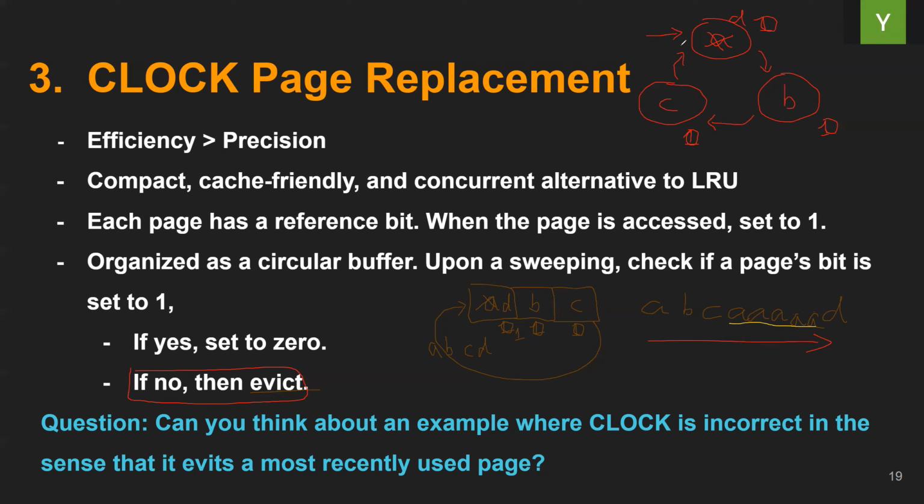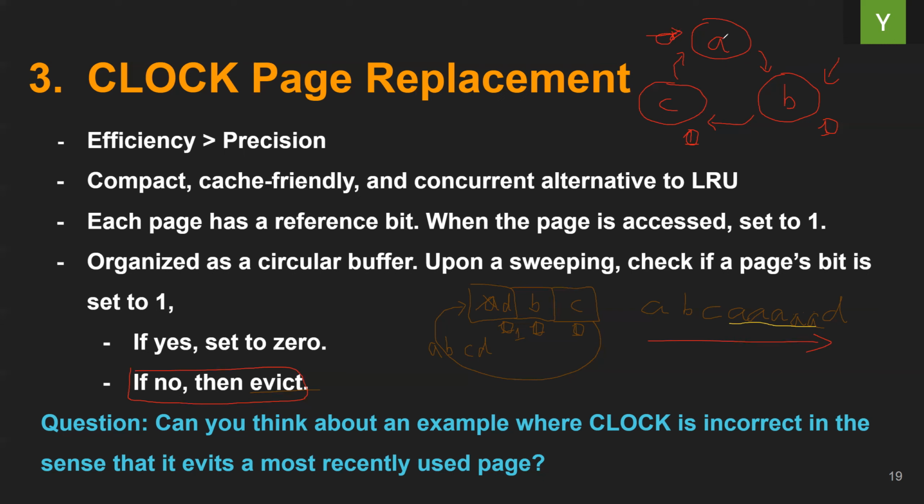Okay, I see. If you can find A here, that's some detail I'm not quite sure about. If the pointer is here, but you still want to access A, let me just erase. For now it looks like A is being referenced. If a page is being referenced, it cannot be evicted, if that makes sense.